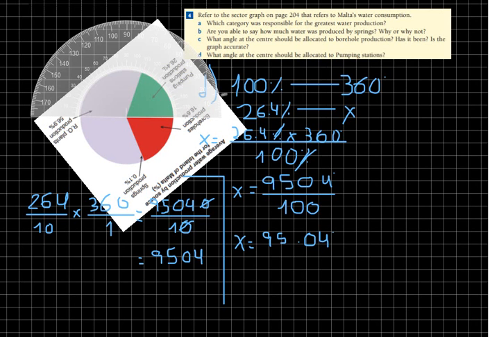I'm gonna move this until I match it with the other edge of this sector, and as you can see here, the angle is equal to 70.4 degrees, when in fact it should be 95.04. So what we can say about part C and part D, that this graph is not accurate after all. It's not correct, it's in fact wrong.